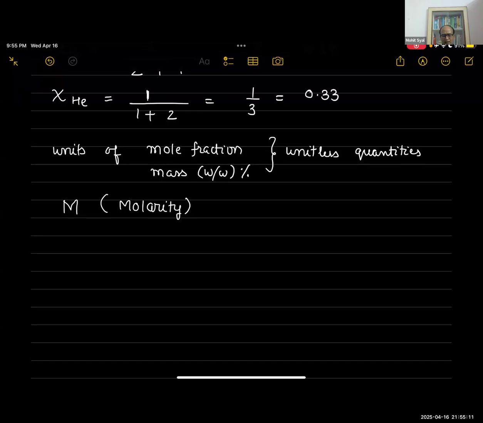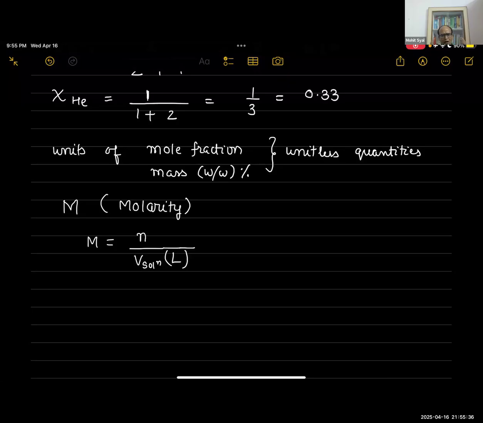Its formula is very simple. Molarity equals number of moles divided by volume of the solution in liters.